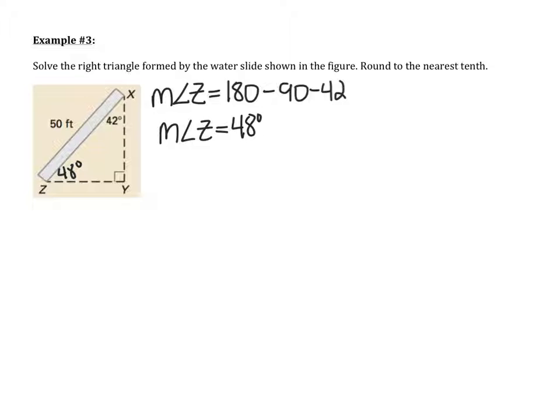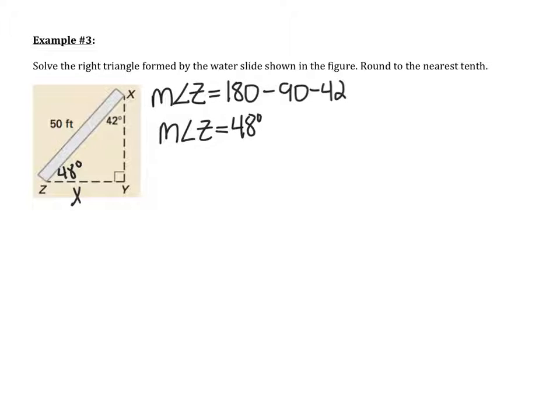We're always going to work off the things that we're given. We were given the 42 degrees and the 50 degree hypotenuse. Notice that this is the hypotenuse. Let's start with finding this side, which would be ZY. ZY is opposite the 42 degrees. Let's just call that X for now. So side X is opposite the 42 degrees, and again we were given the hypotenuse. Opposite over hypotenuse is sine.